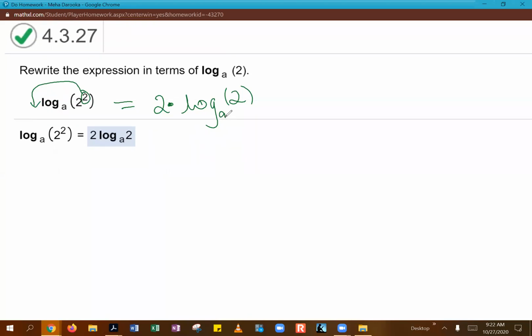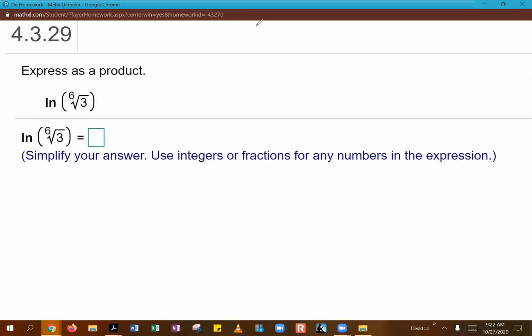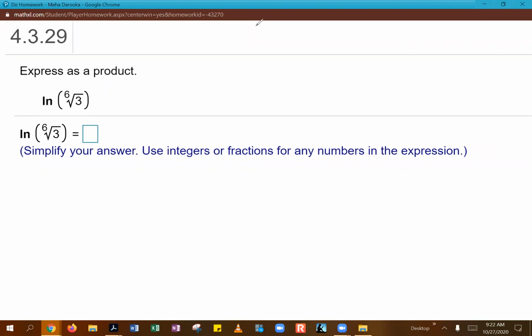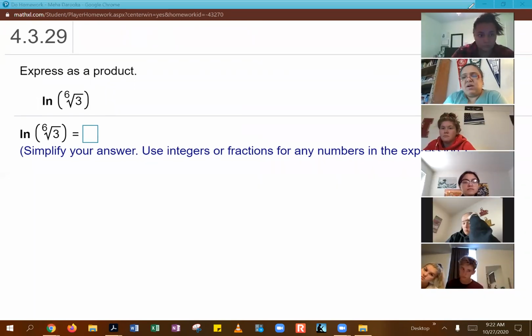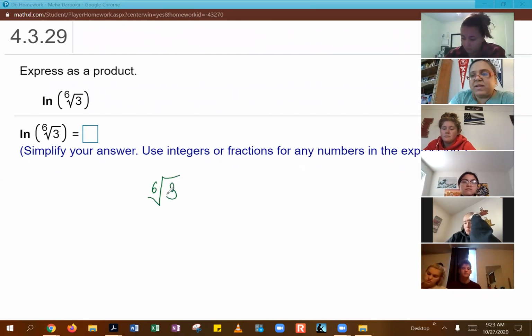Now, of course, you will see multiple different versions of this rule being used. So what do you think about this one? How are you going to rewrite this using the power rule? Step 1 is going to be taking the 6th root of 3 and rewriting it as some base with some exponent before you can use the power rule.